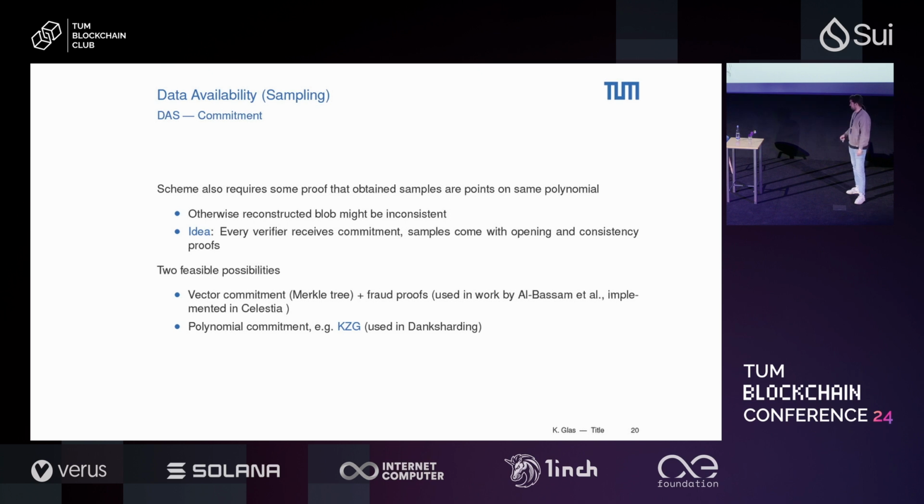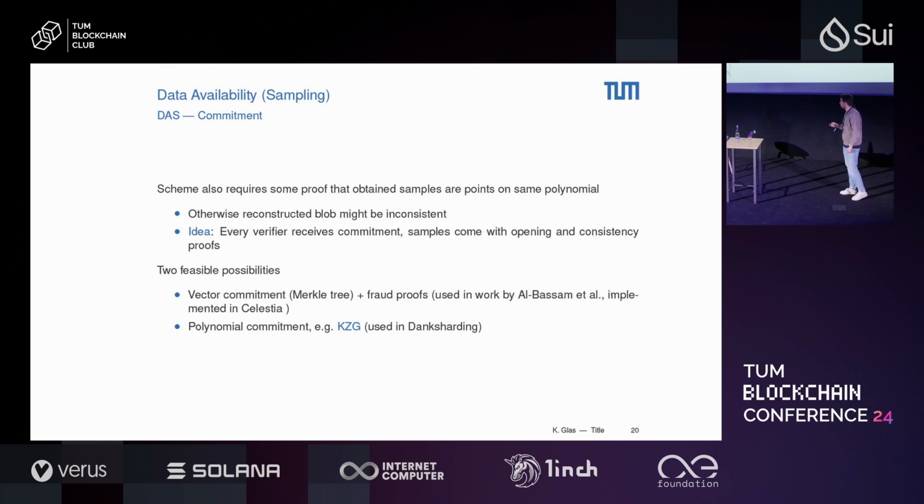Now there's an additional thing we need. If you think about it, just using erasure coding isn't enough. Why is that? Because I could simply send around some garbage chunks, and everyone could download the chunks, but when they later reconstruct the data, it would be reconstructed to inconsistent values.